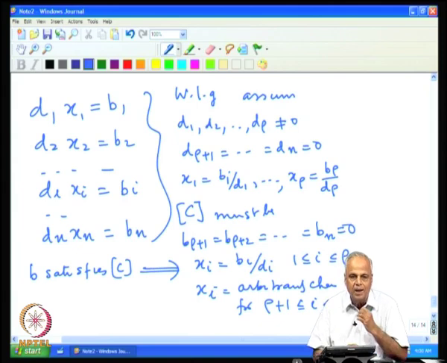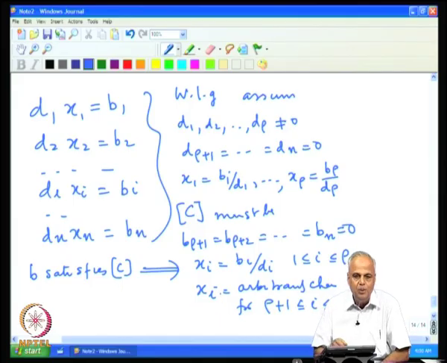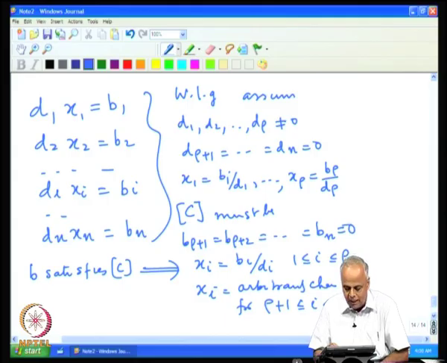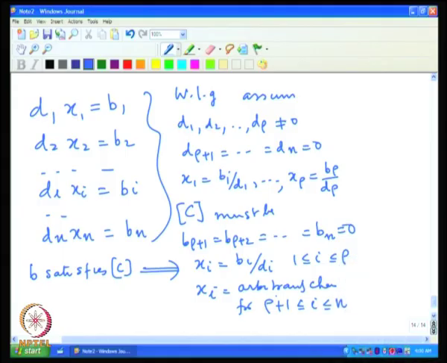Now, when that condition is known, given a b, we ask does b satisfy this condition. Suppose b satisfies this condition, then we have the answer that the solution must be of the form xi equal to bi by di for 1 less than or equal to i less than or equal to rho, and xi equal to any arbitrary value for i between rho plus 1 and n.